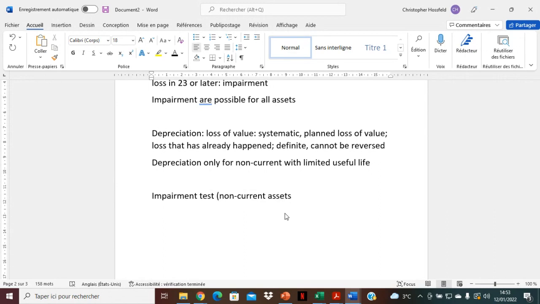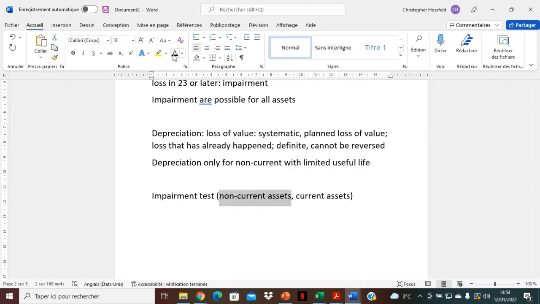Nevertheless, as I said before, you also do an impairment test on current assets. Okay, you do it, except that you don't use the word. So I will impair my accounts receivables, and obviously to do this, I need to check it out and test it, but I will not use the terminology impairment test for accounts receivable. So therefore, when you hear impairment test, we talk usually only about non-current assets.